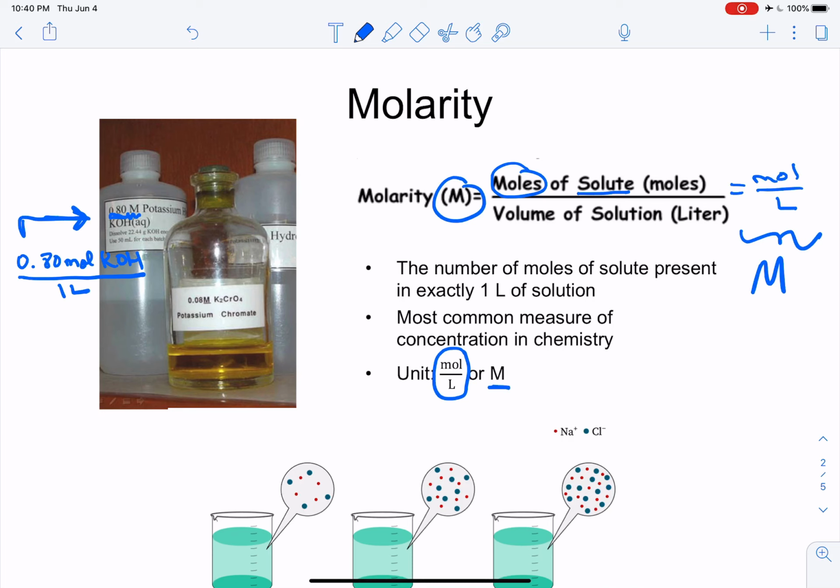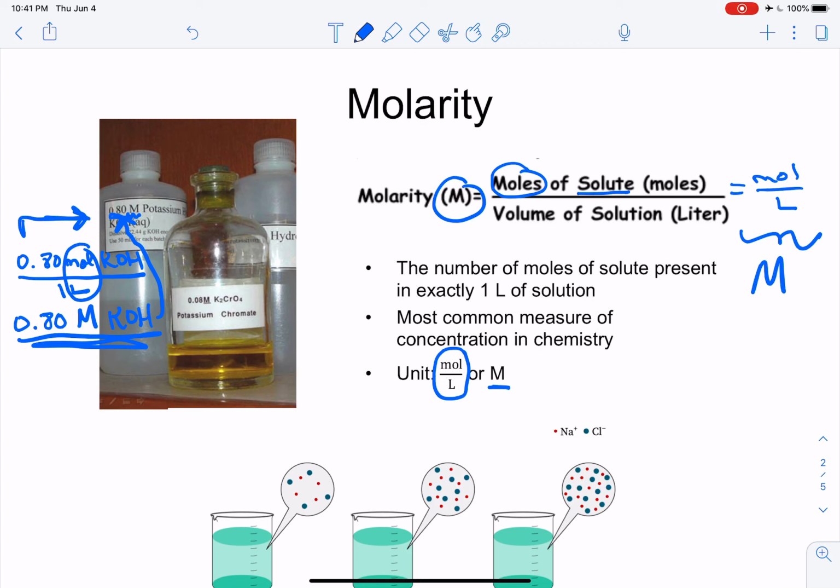And the other way that we can write that is 0.80, and then the moles over liter is the big M, and we have the solute there, KOH, and you'll see exactly what I just wrote right there. Okay, so we have 0.80, and we say molar, not molarity.